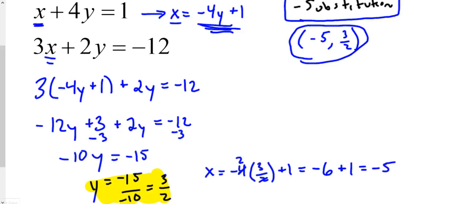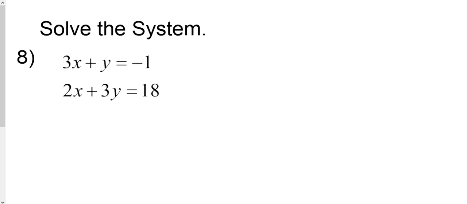So that was substitution. Let's try another one. Once again, we're going to solve the system. You can use elimination or substitution. Looking at it, I see that, once again, one of the variables is by itself, so one of the best methods to use would be substitution. That's what I'm going to use. In this problem, I'm going to solve for y, because unlike the other one, y is by itself.